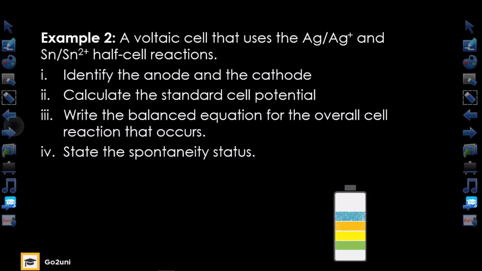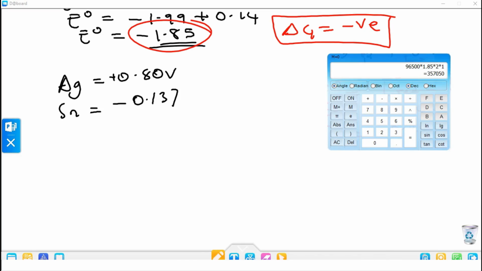The first thing is to identify the anode and cathode. So which of silver and tin is going to be the anode and which is going to be the cathode? We can see silver is positive. Since silver is positive, automatically that makes silver the reduction potential.